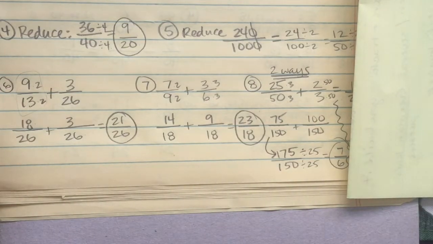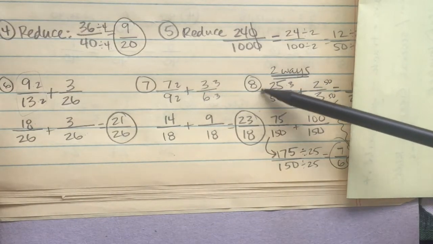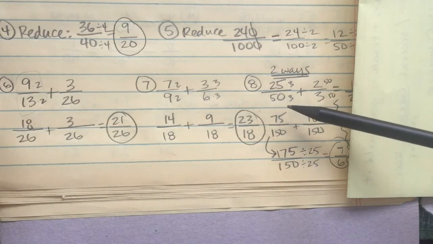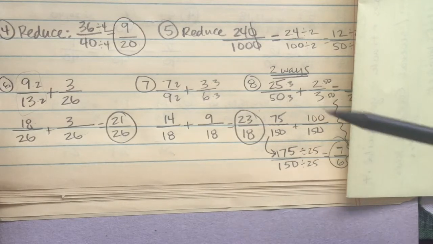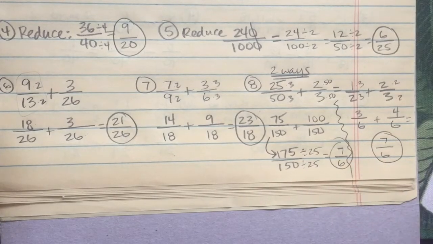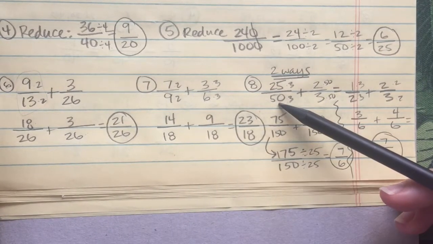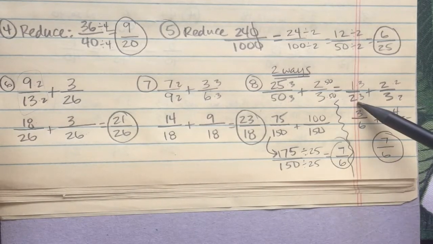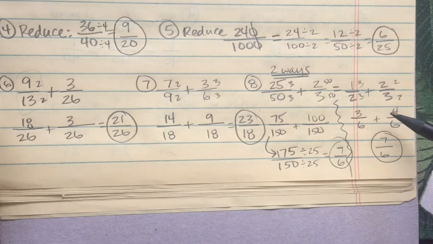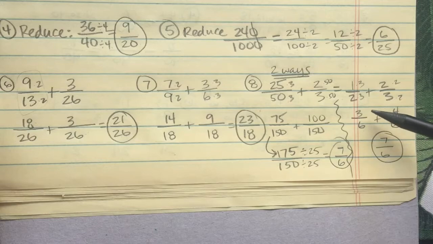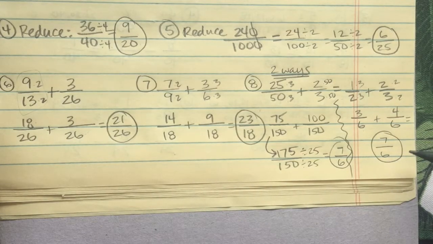Another route that you could have taken is you can always reduce individual fractions, especially ones that are bigger like this, if possible. Because remember, smaller numbers are easier to work with. So what I would have done in this situation is I would have reduced 25/50 straight to 1/2, and then done 1/2 plus 2/3. Then I could choose the common denominator of 6. Then you would have added 3 plus 4, which is 7/6.